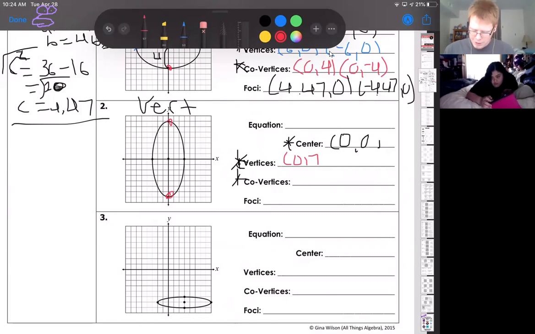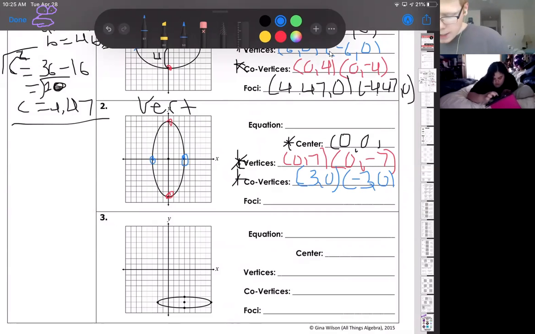Let's see, 0, 7, 0, negative 7. And your co-vertices would be on your minor axis. So it'd be 0, or sorry, not 0, 3, 0, and negative 3, 0.